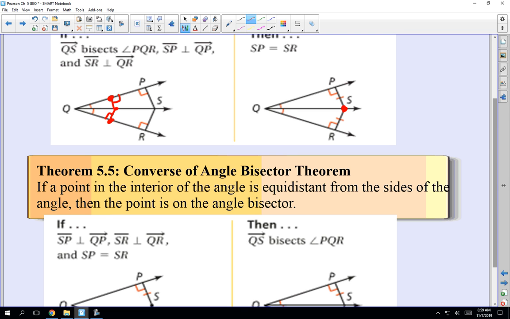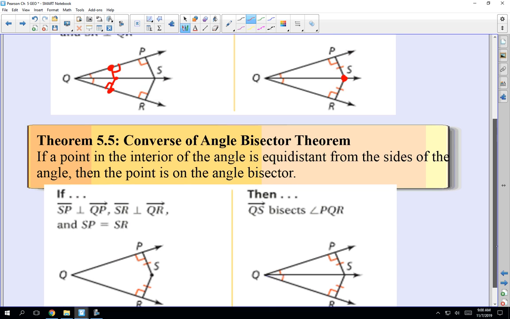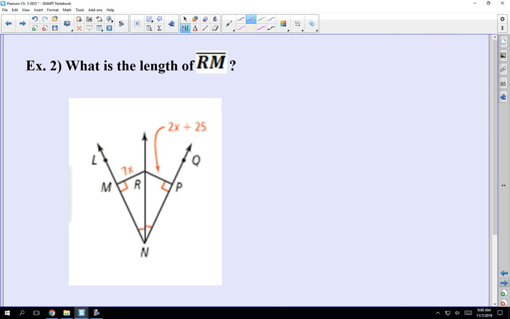And then we're going to do the intersection of all the angle bisectors and discover something that's special about that point. We call it a point of concurrency. It's where all the angle bisectors cross. And there's something special about that. It ends up being the circle that you can draw inside the triangle that just touches each of the edges of the triangle. That's where we're headed with this.